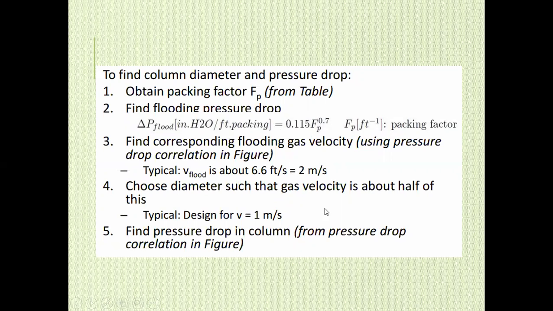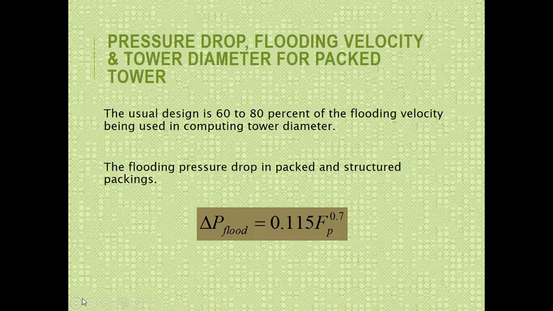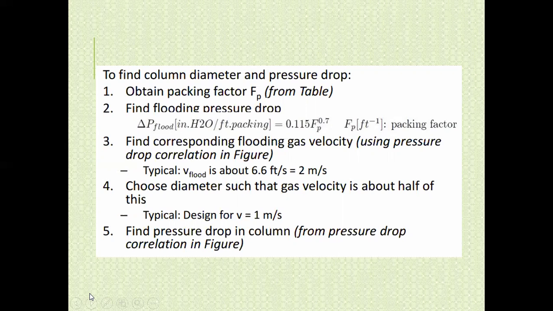So we use 60%. So take note, not 50%, but actually, as you have read here in the first slide, it could be even up to 80%. But most of the books use the 60% multiplier, or the 0.6 multiplier, to the predetermined gas velocity at flooding. Then we find the pressure drop in the column from the pressure drop correlation.